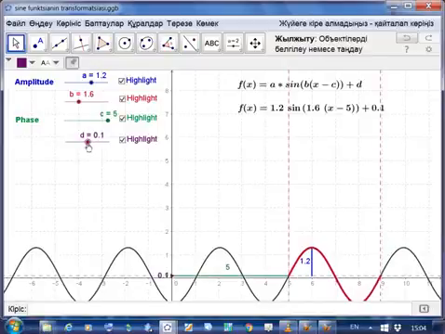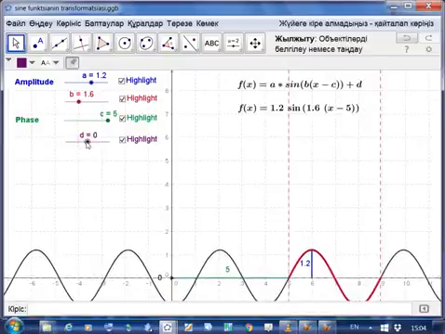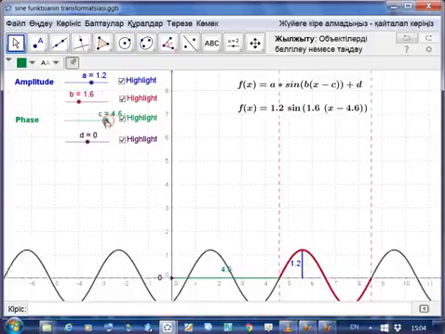Also, when we change our x with x minus c, this means our graph has to move to the right side, to the positive, by c points. For example, here 5.